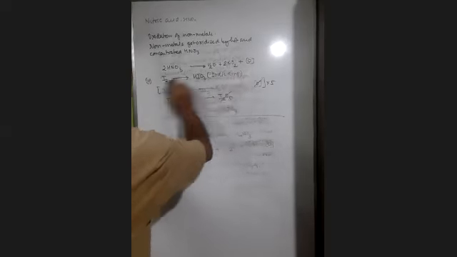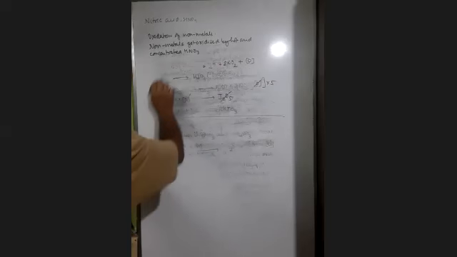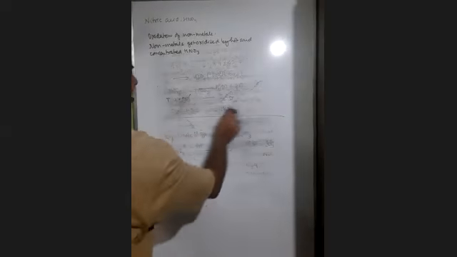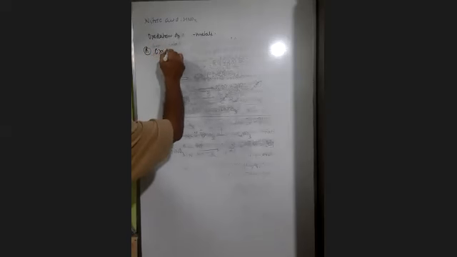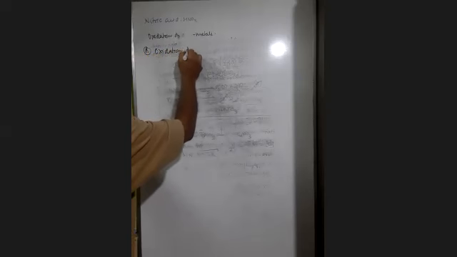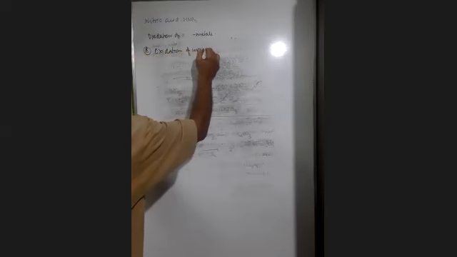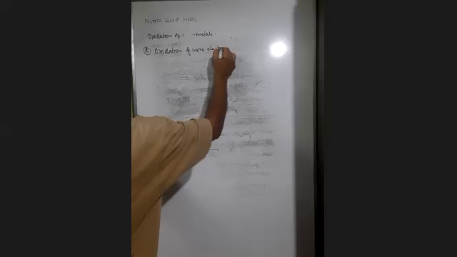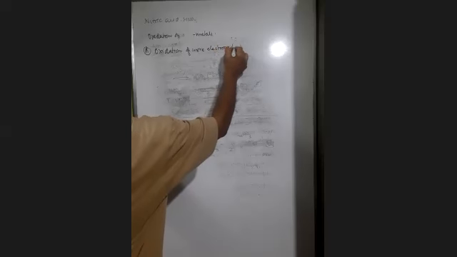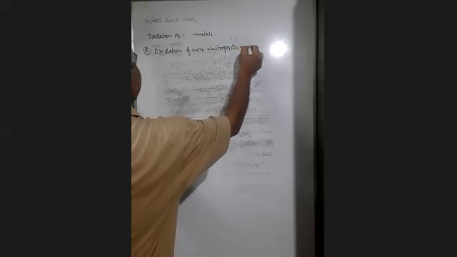Many are there, but as it is not in your syllabus, I'm not going to write. Now oxidation of metals. So I can classify this into 2 categories. Oxidation of more electropositive metals.